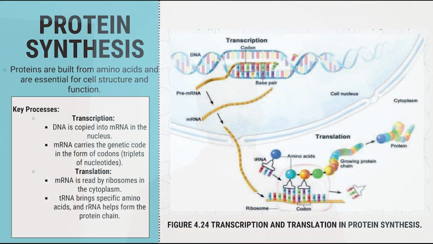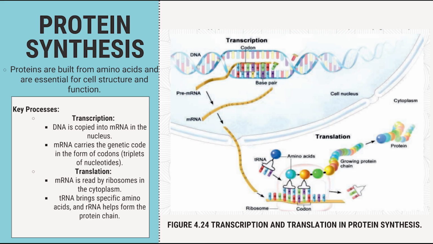Protein synthesis. Proteins are the building blocks of life, made up of amino acids. Protein synthesis is the process by which the genetic information in DNA is used to build proteins. This happens in two main steps. The first one is transcription, in which DNA is copied into messenger RNA in the nucleus.